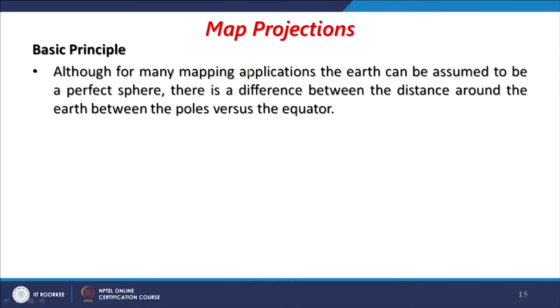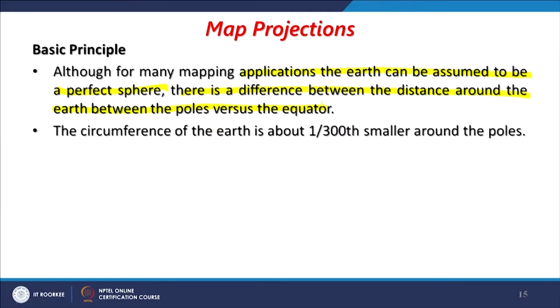So, the basic principles of these map projections: in mapping applications, because this is what we are doing in GIS, the earth can be assumed to be a perfect sphere. But there is a difference between the distance around the earth between the poles versus the equator, because the earth is not a perfect spheroid, and that adds a lot of complications.